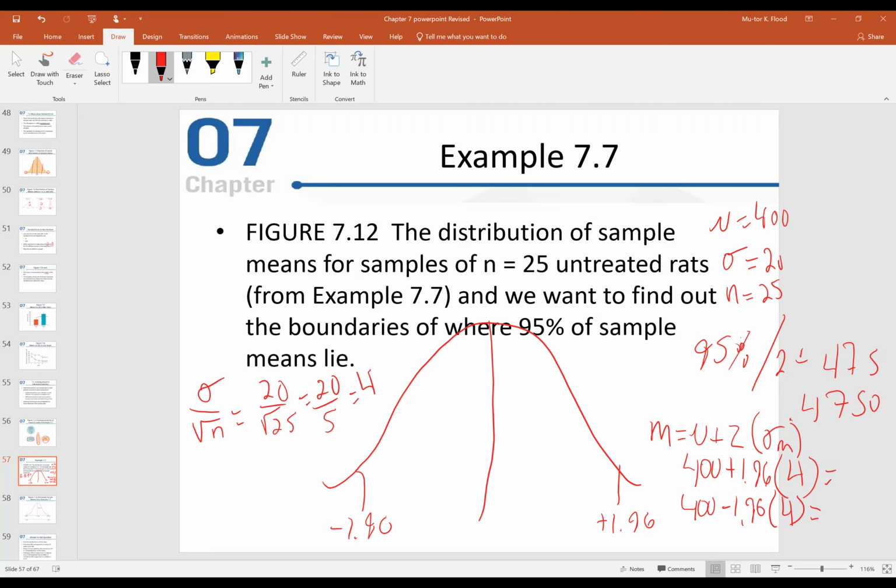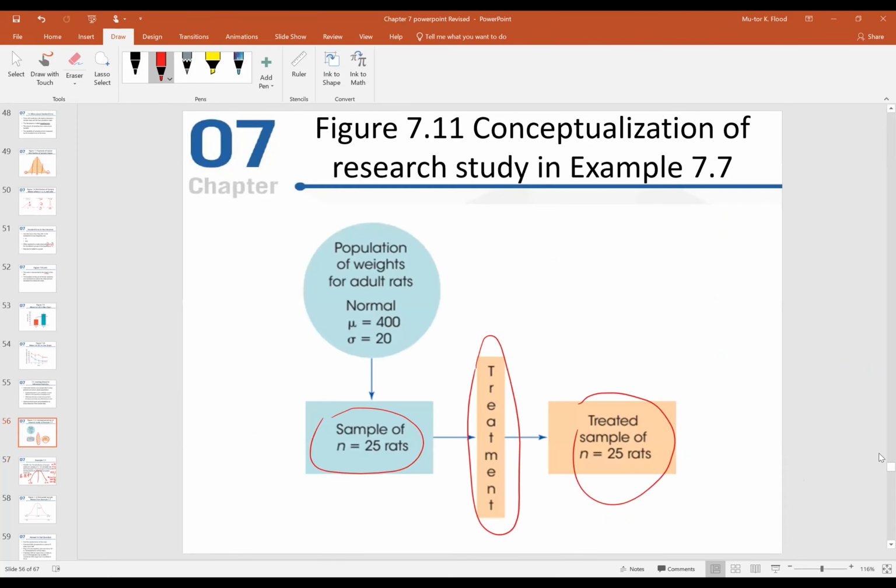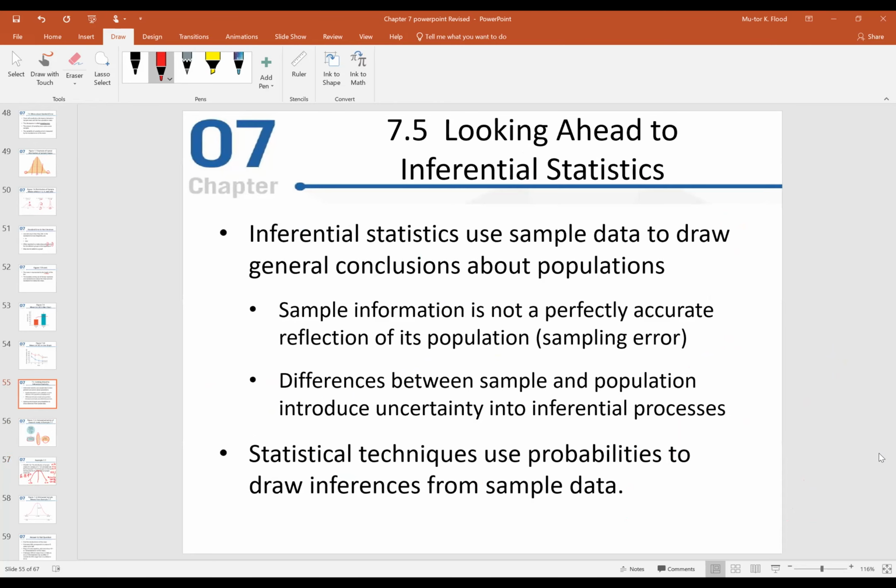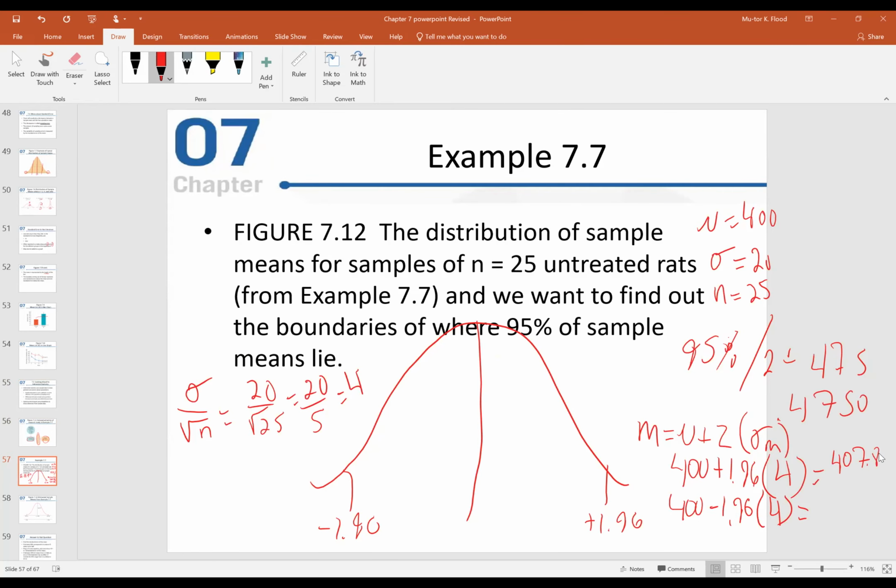If you calculate those, the one above the mean equals 407.84, and the one below the mean calculates to a score of 392.16.